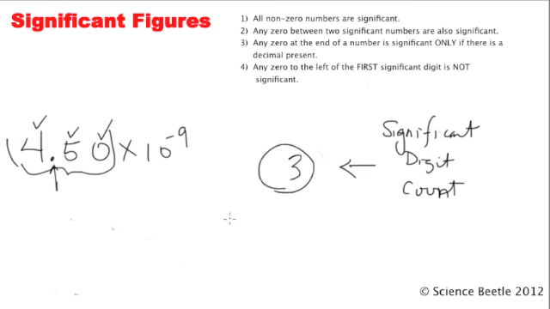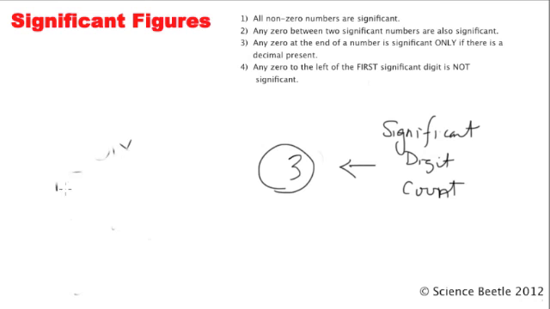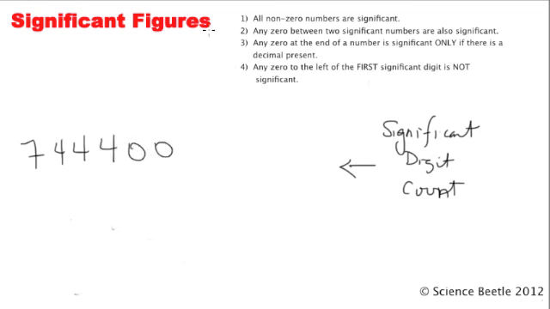Okay, so let's go ahead and try a third problem. If we were to try 74400, starting with rule number 1, we know that 7, 4, and 4 are non-zeros. So we have 3 significant digits there.